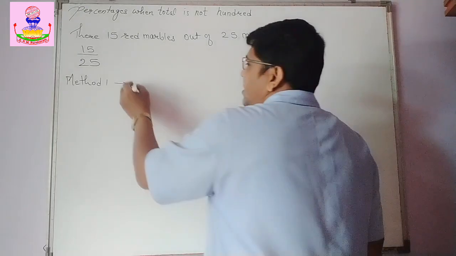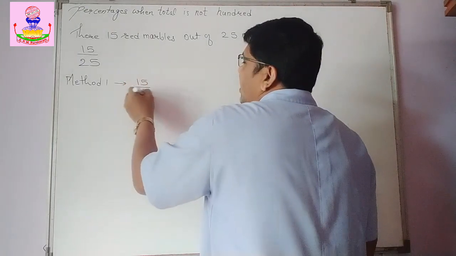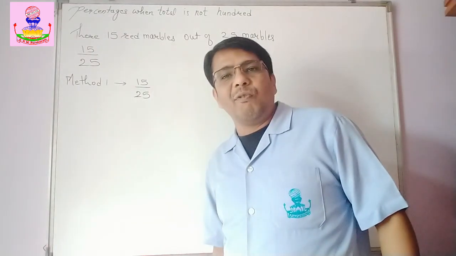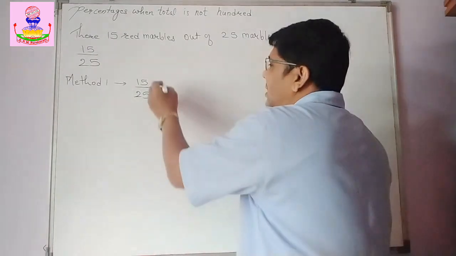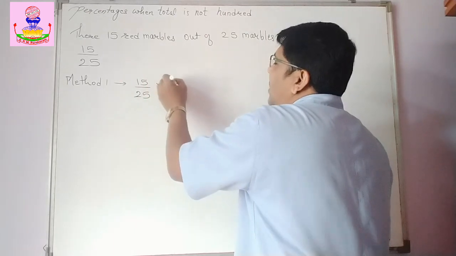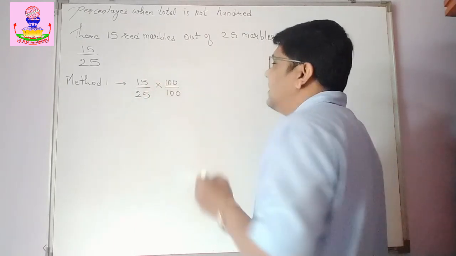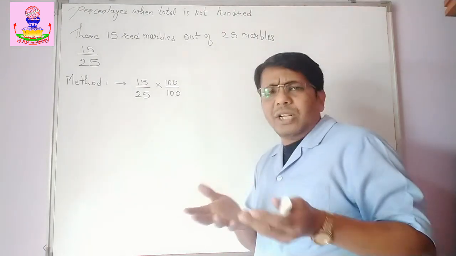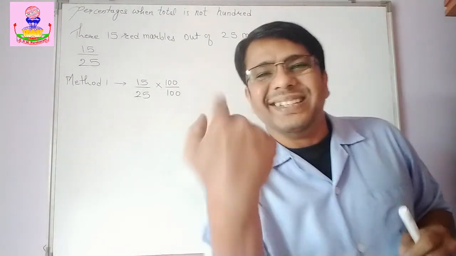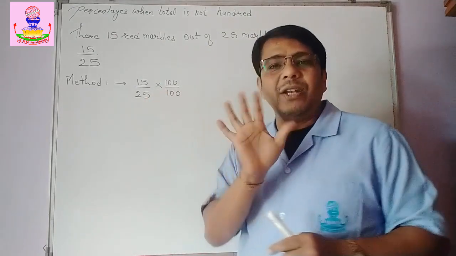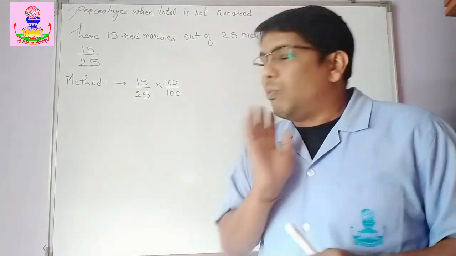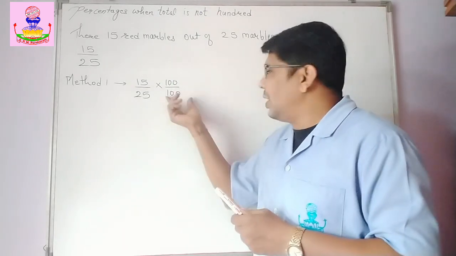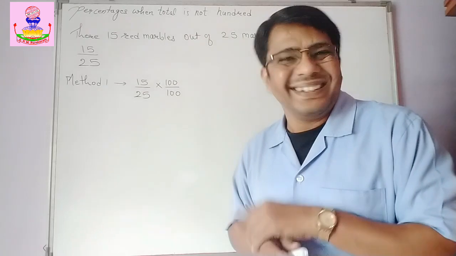Aryan Madhav takes that fraction 15 upon 25 and then he multiplies and divides by 100. Is there any change, dear students? Not at all, because 100 upon 100 is 1. So there is no change in the value of this fraction. He has multiplied by 100 and divided by 100. So upon 100 means percent.